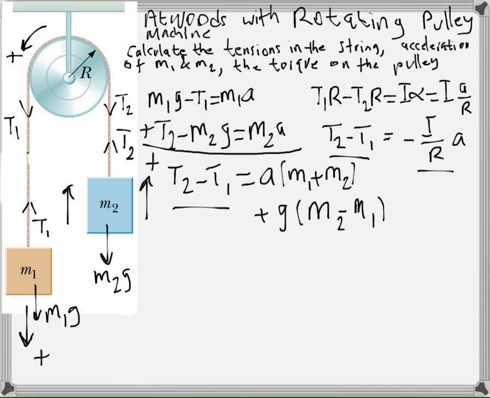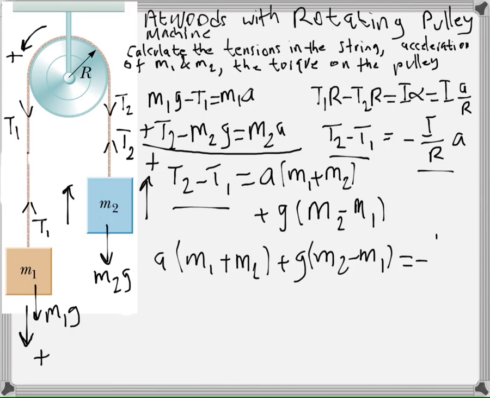Then you may equate these expressions on the right hand sides. A times M1 plus M2 plus G times M2 minus M1 is equal to minus I divided by R times A. Right?